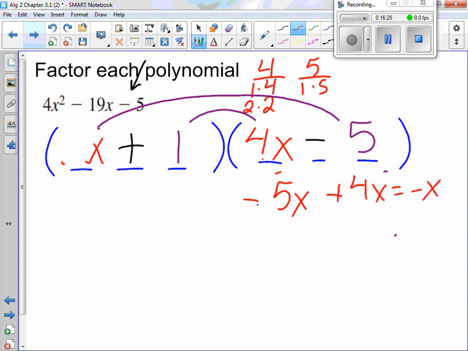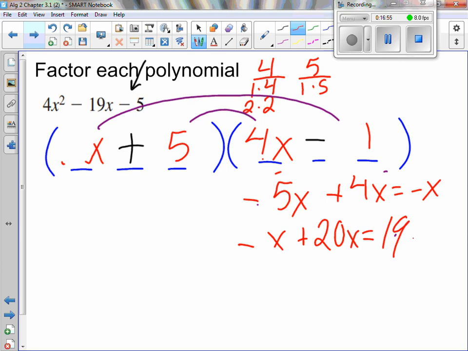That didn't work, did it? So let's switch the 1 and 5. Hopefully, that'll give us something a little different. x times negative 1 is negative x. 5 times 4x is plus 20x. We get positive 19x. That's what we wanted, yes?